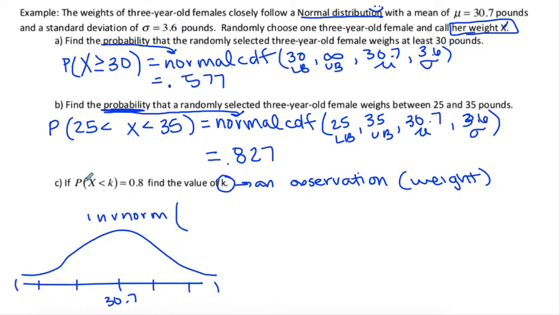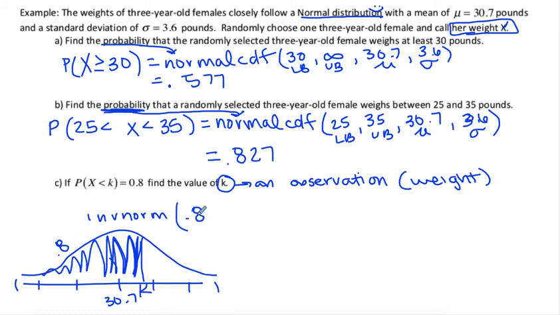We have some observation K that when we have it here, it is less than that value is 80%. So here's 50%, here's 84%, so K has to be somewhere here. And so I'm using empirical rules, so that tells me 50% in the middle, 68 here. So 50 plus 34.